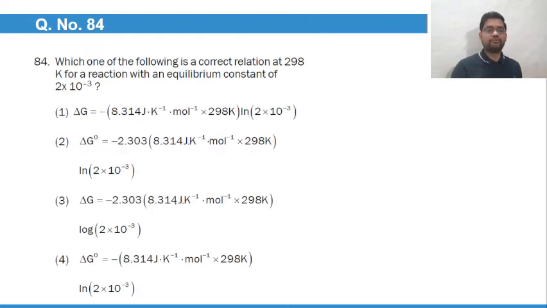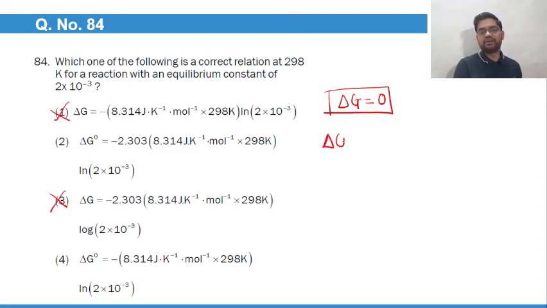For 84, which one of the following is the correct relationship at 298 Kelvin for a reaction with equilibrium constant 2 into 10 raised to minus 3? At equilibrium, you should know that delta G is equal to 0. So since it is 0, this will not be the right answer.